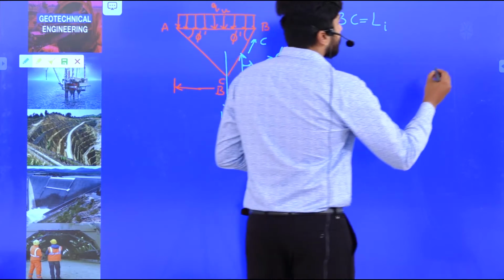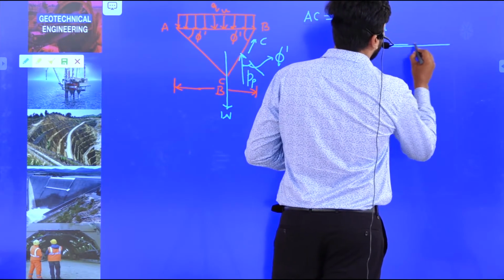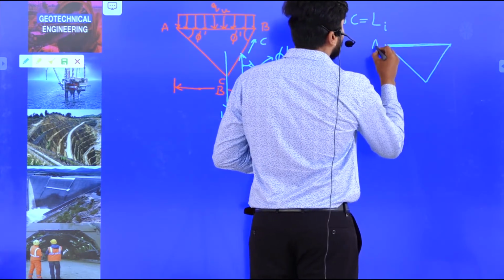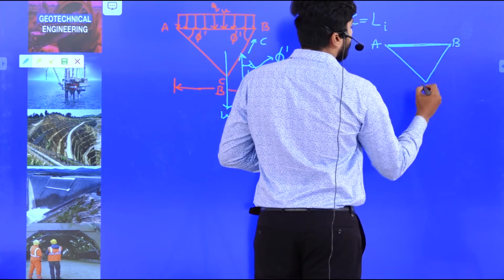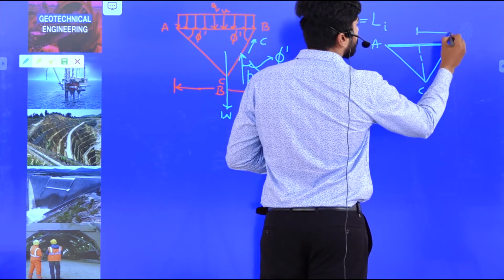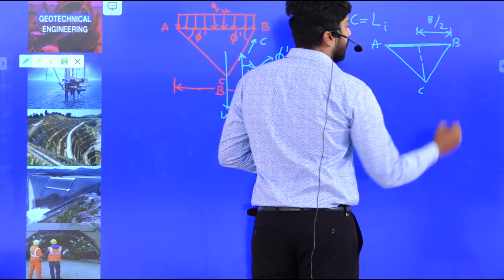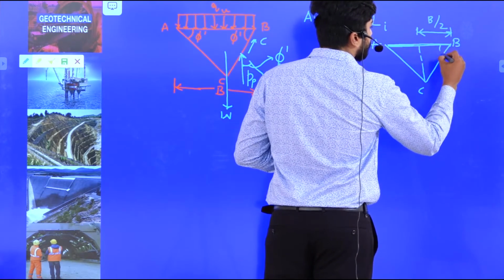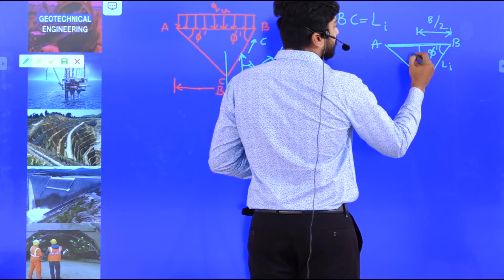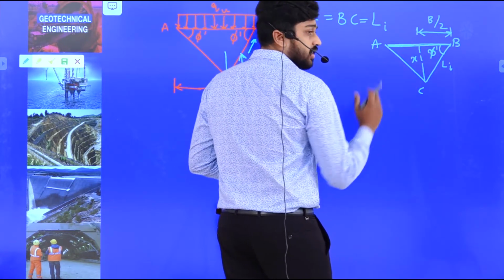So let us consider this particular wedge alone now, this particular wedge A, B and C. Since this is exactly divided, this distance will be B by 2, and this distance is Li and this is phi dash. Let us say x is the height of this particular wedge.